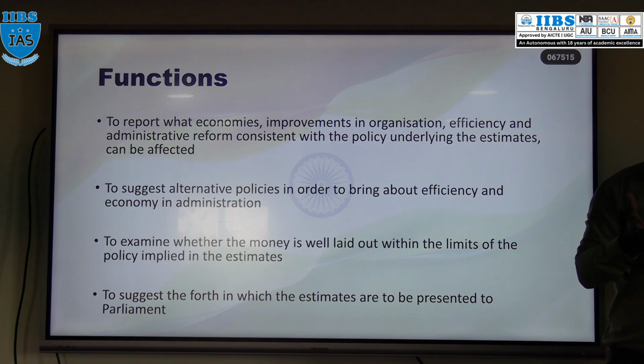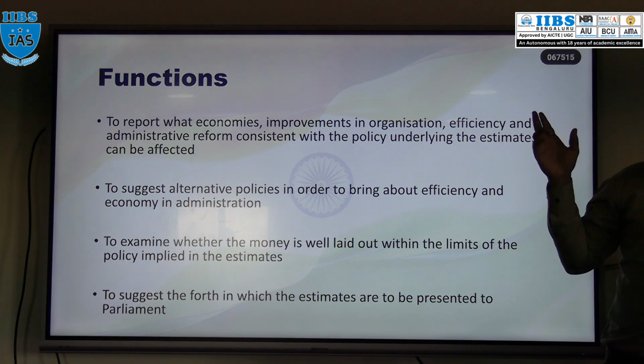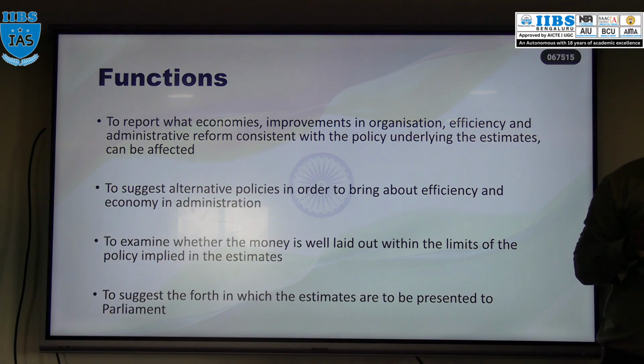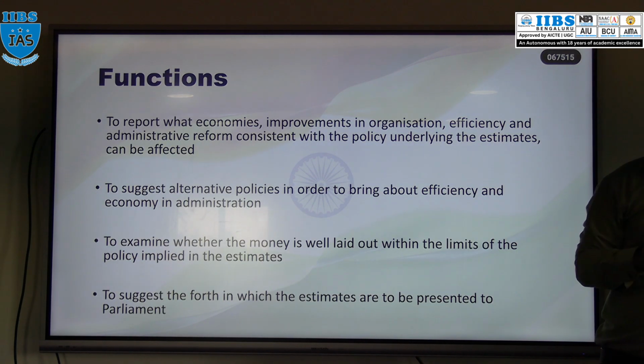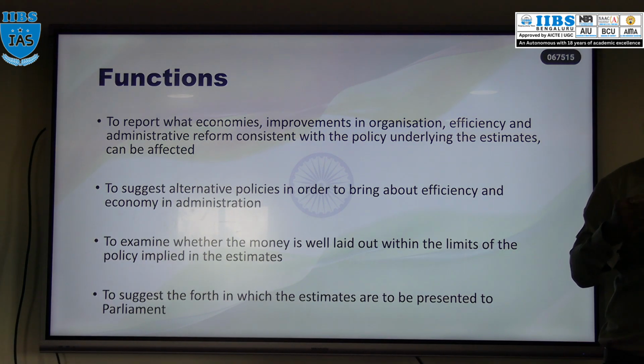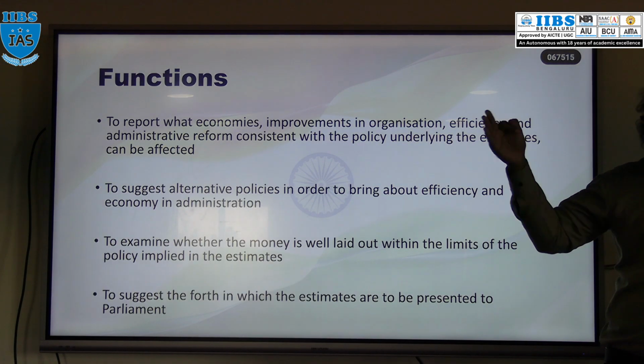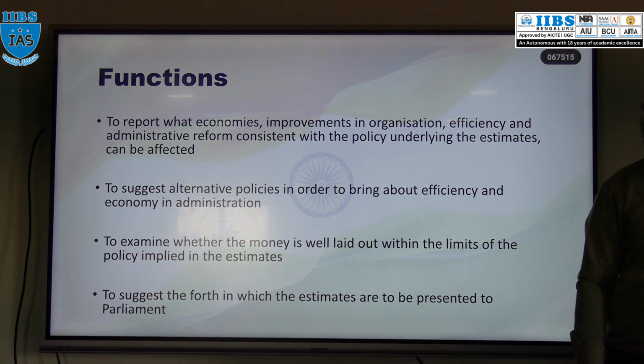It suggests estimations, suggests alternative policy for smooth administrative or economic reforms, or improvement in an organization, and examines whether the amount demanded by the particular minister has been spent for that particular purpose or not.